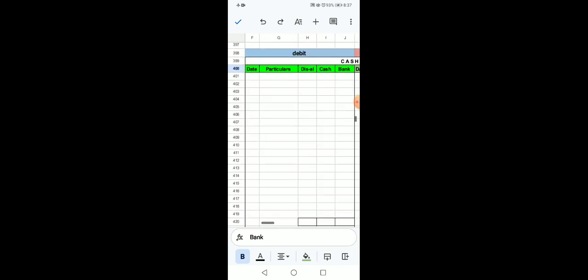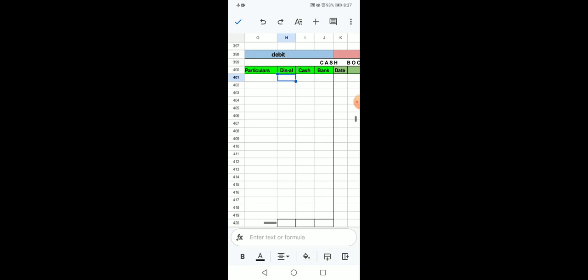If cash is present over here, you will pick that entry and you will see cash, bank or discount. If it is debit, you will choose the same side in cash book and you will put in discount, cash or bank. And vice versa, if entries are present in the journal on the credit side, you will go to the credit side of cash book and will post if it is discount, cash or bank.